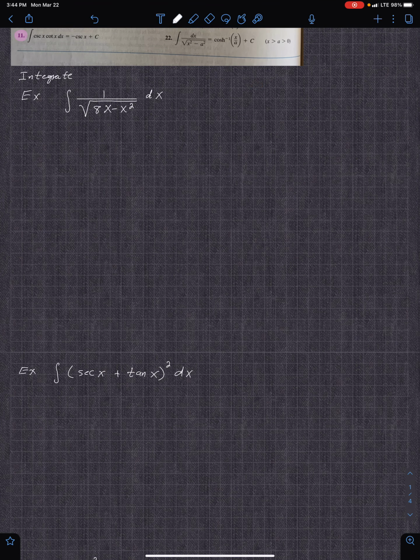You can complete the square. So you take your 8x minus x squared and you complete the square on that. First thing I'm going to do is factor out the negative and rewrite this as x squared minus 8x plus 16, like that.